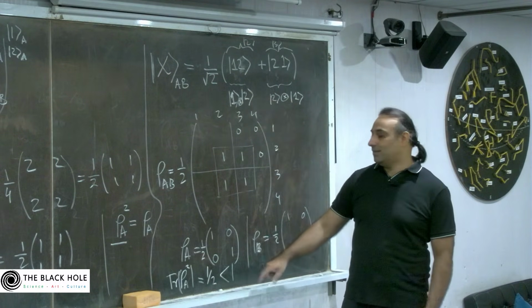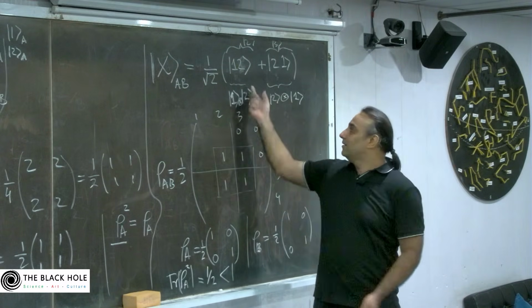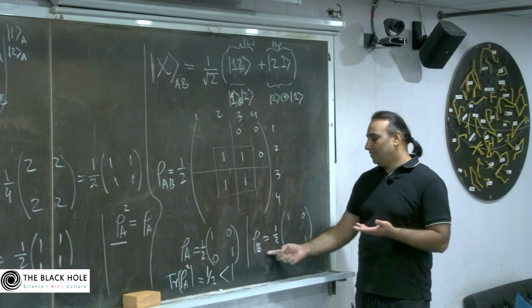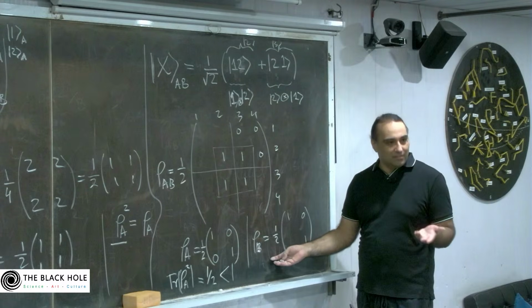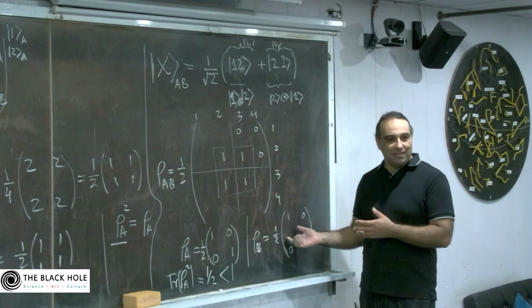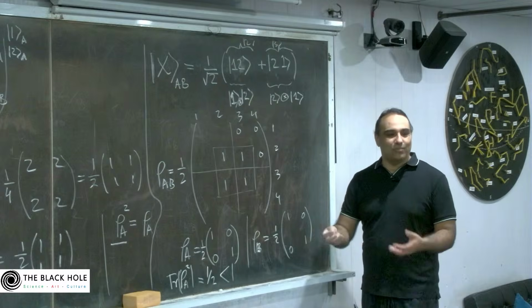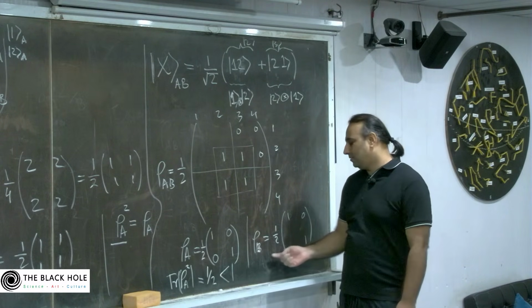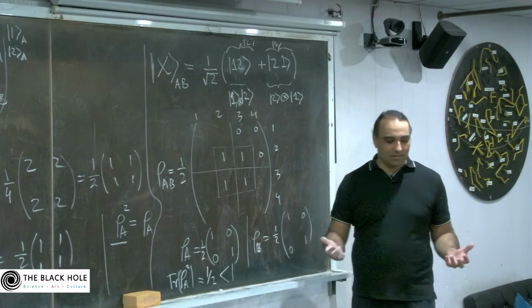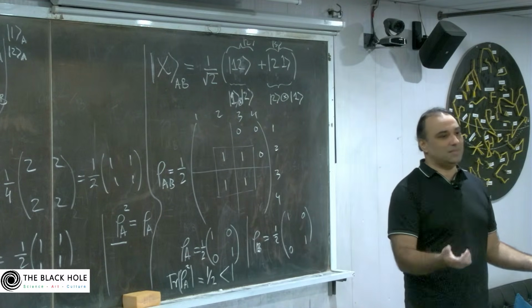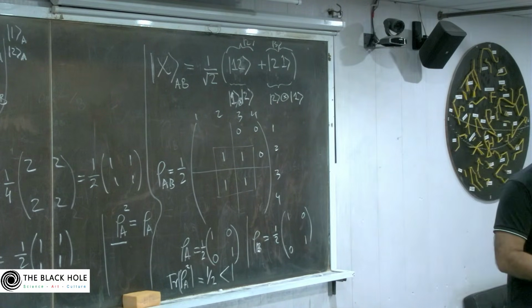Here, of course, we know that it's entangled with the other subsystem B, and similarly the trace of rho B square says the same. That means this system is entangled. Of course, they have to be entangled with each other. So this is a composite system where the subsystems are entangled with each other.